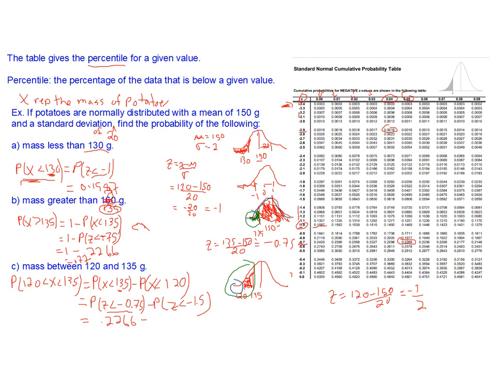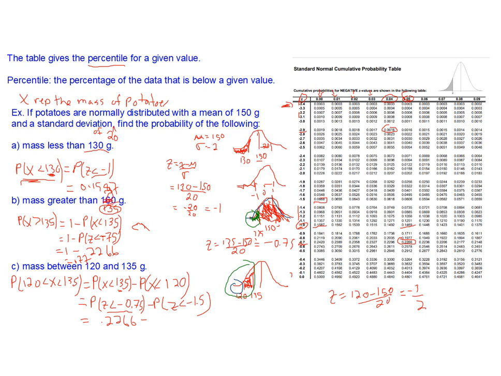We're looking for negative 1.5, which is this column here. Let me just double check that. Sorry, I was actually looking at negative 1.05. We want negative 1.5, which is this value right here.